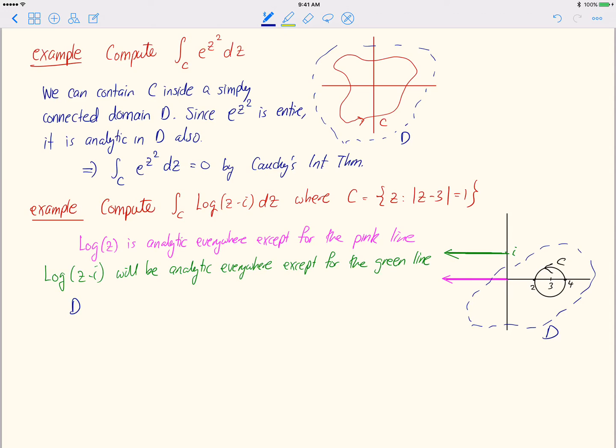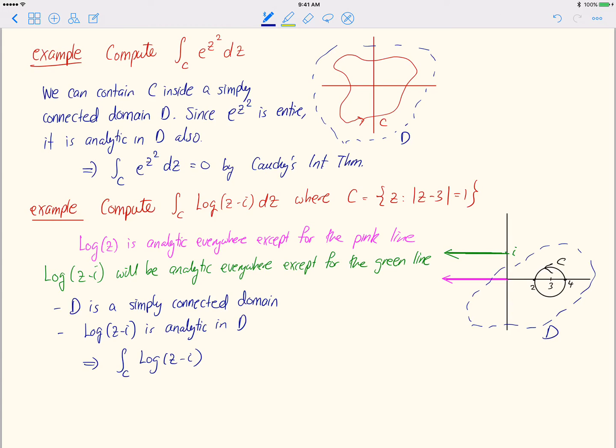So D is a simply connected domain. That's the first thing. And the second thing is log of z minus i is analytic in D. So I can apply Cauchy's integral theorem and conclude that the integral along C of log z minus i dz is equal to 0 by Cauchy's integral theorem.